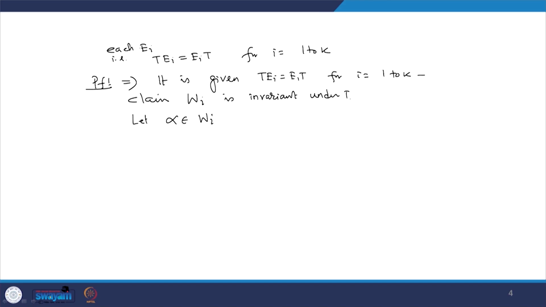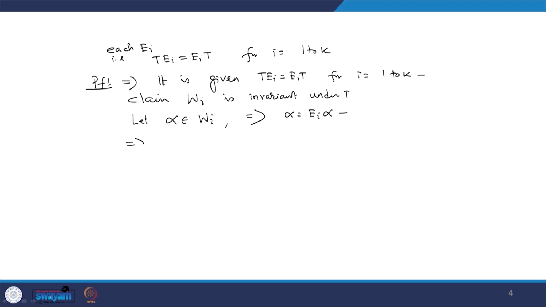Now, alpha belongs to Wi, this implies that alpha is in the range space of Ei. So, alpha equal to Ei alpha. If I say that alpha belongs to Wi, then alpha equal to Ei alpha.